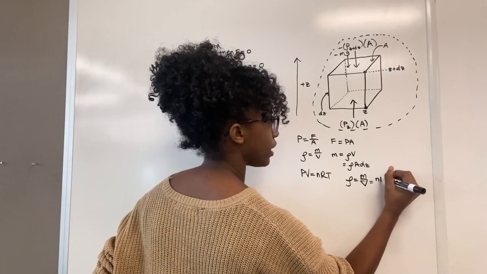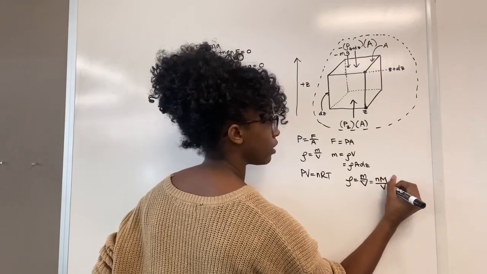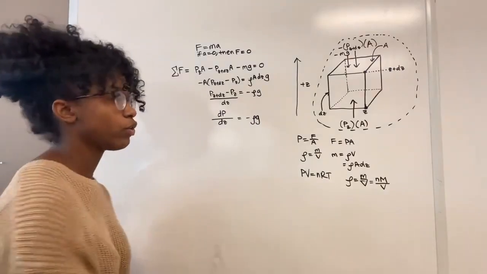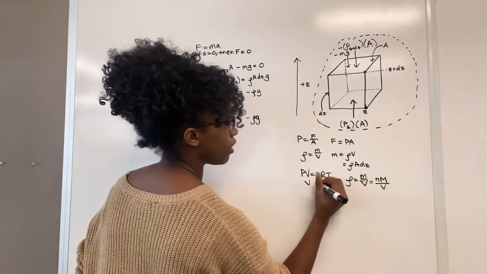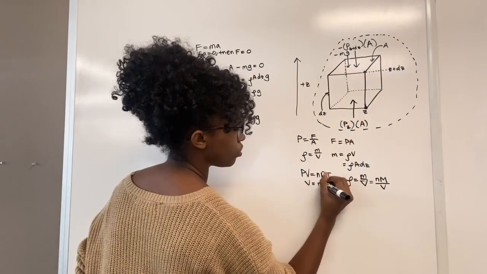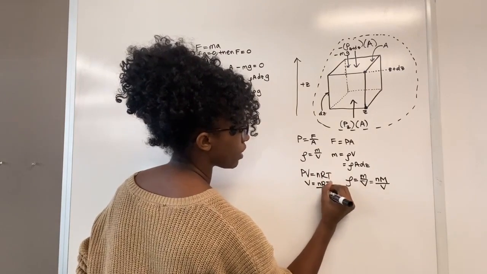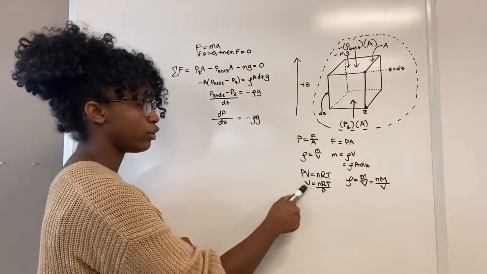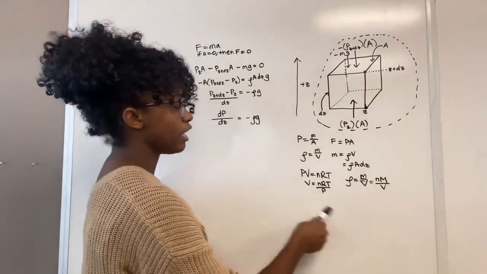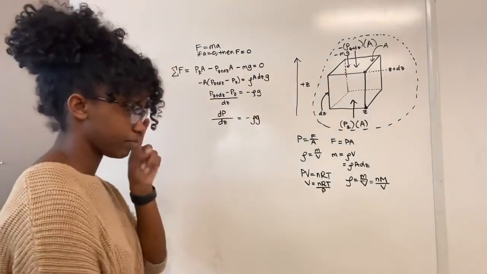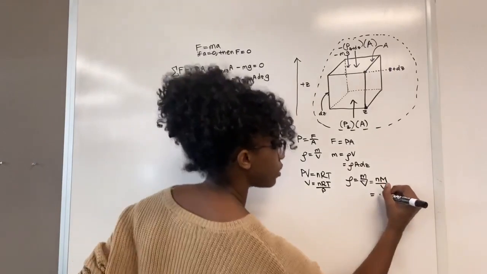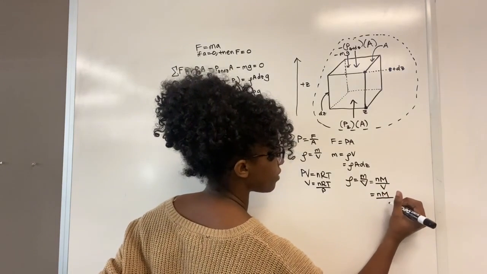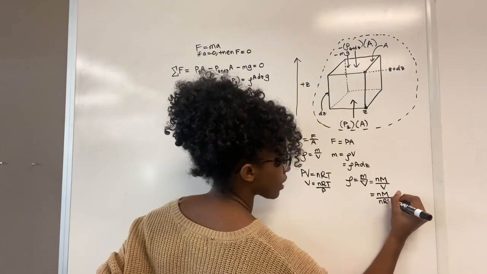So this can be equal to n times capital M divided by the volume. And so having this information, we can rearrange the ideal gas law for the volume such that it's equal to nRT divided by P, the pressure. And we can put this new ideal gas law equation into our density equation, so that the moles times the molecular weight is now divided by the number of moles times the ideal gas constant times the temperature.